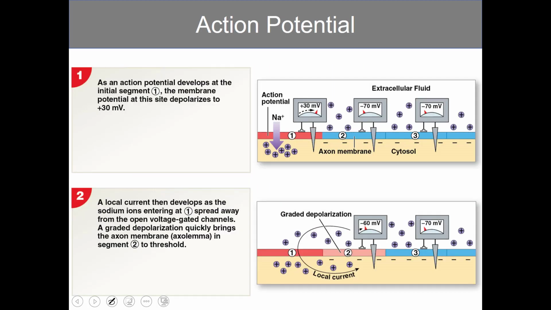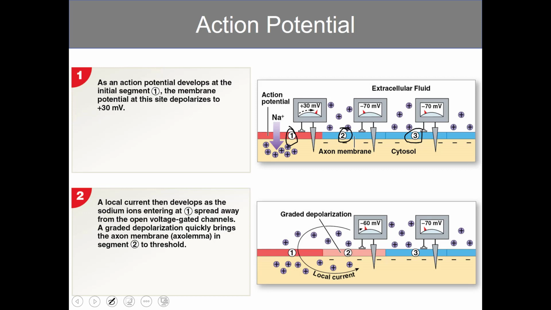So if we were to see a visualization of that, here in the image we have 3 segments of this axon. And as the action potential develops in segment 1, the membrane potential at this site depolarizes to plus 30.